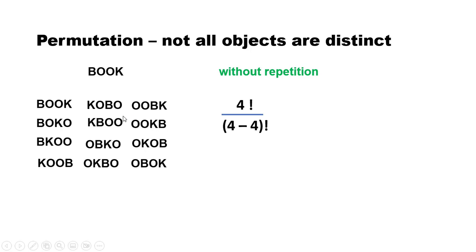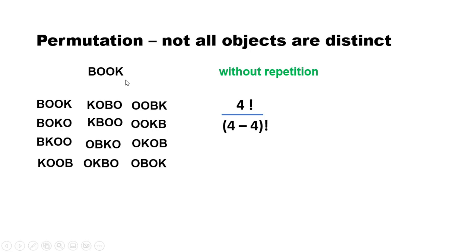There are 12 here. Now if we try to cross check with the formula for permutation, the formula for permutation is n factorial divided by n minus r factorial. Here this 4 is the n factorial. It represents the number of letters available for us to use in our permutation, and again here is also n, which refers to the same number of letters that are available for us, and then 4 is the number of letters that are actually being used.